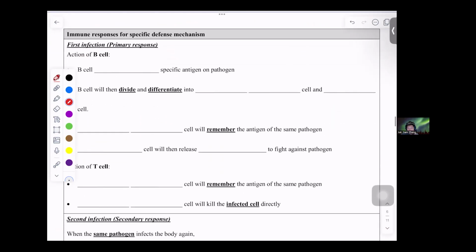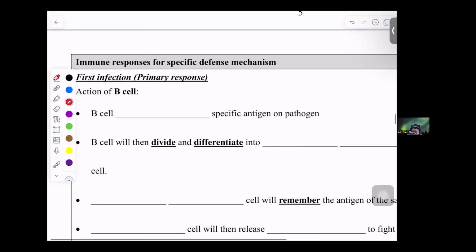Now, in the previous lessons, we have also mentioned the immune response, the specific defense mechanism. We will notice that the B cells are in fact trying to do one thing: they will help us recognize the specific antigen on the pathogens.